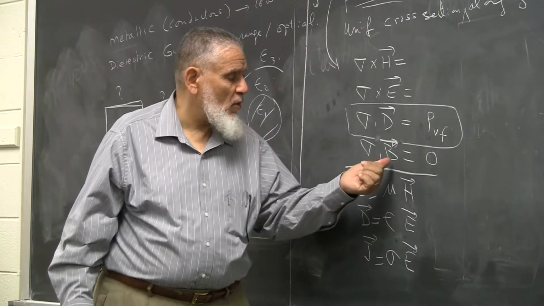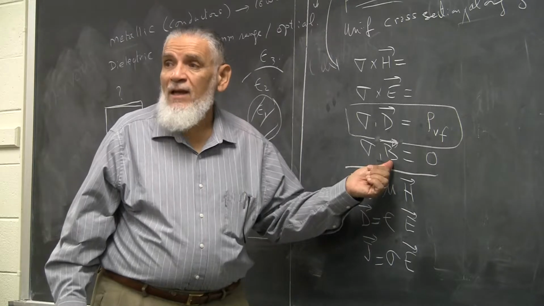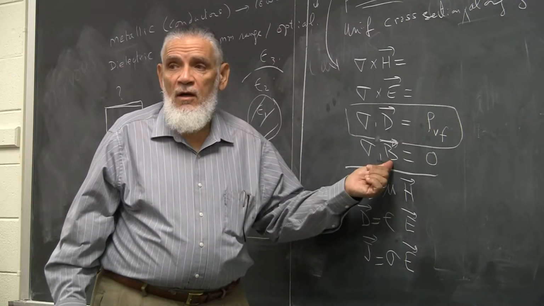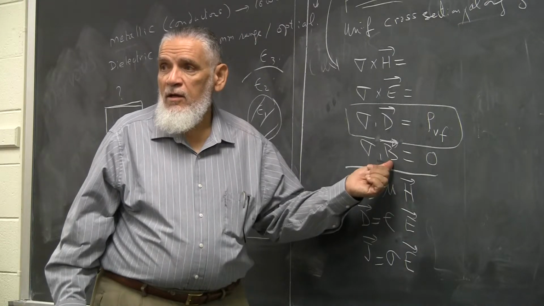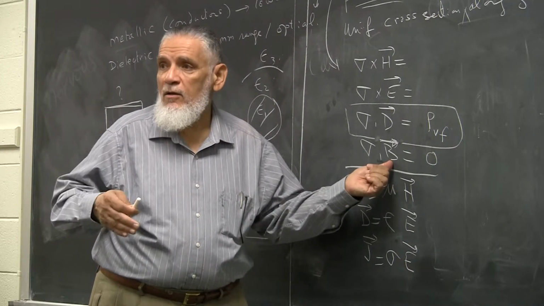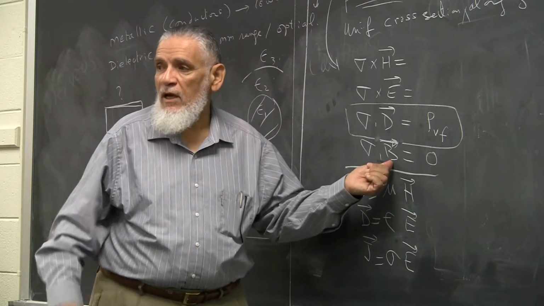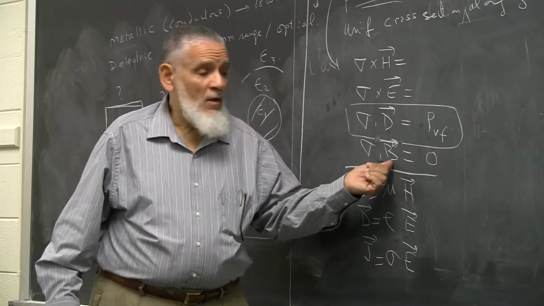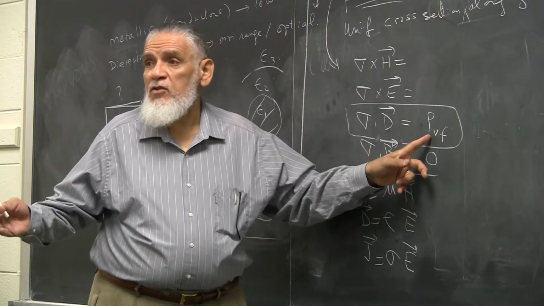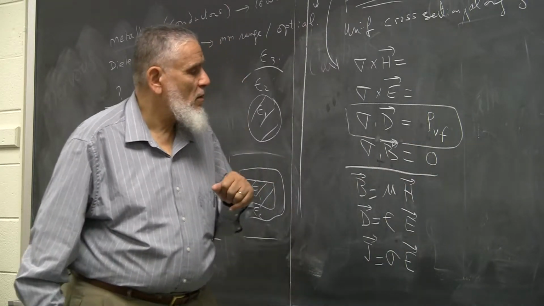I'm sure you learned earlier that when you take a magnet and break it, you always have a north and a south. No matter how small you break it, you always have the dipole in it. So you can never have a positive charge separate from a negative charge. They always come in pairs, so they cancel each other.